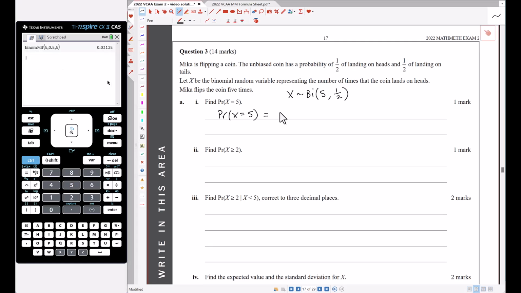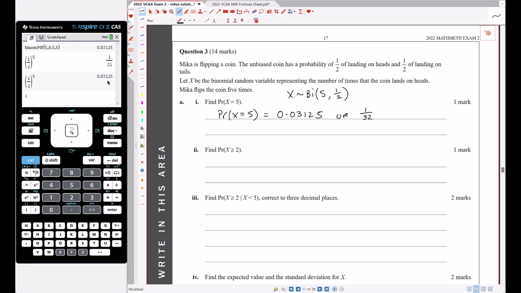That is going to be 0.03125. That should be nice and exact. If I bring that down here, there's no more decimal places than that. And that's because it is just 1/2 to the power of 5. So let's just check that. It's 1 on 32, which is that value there. Okay, so either of those.